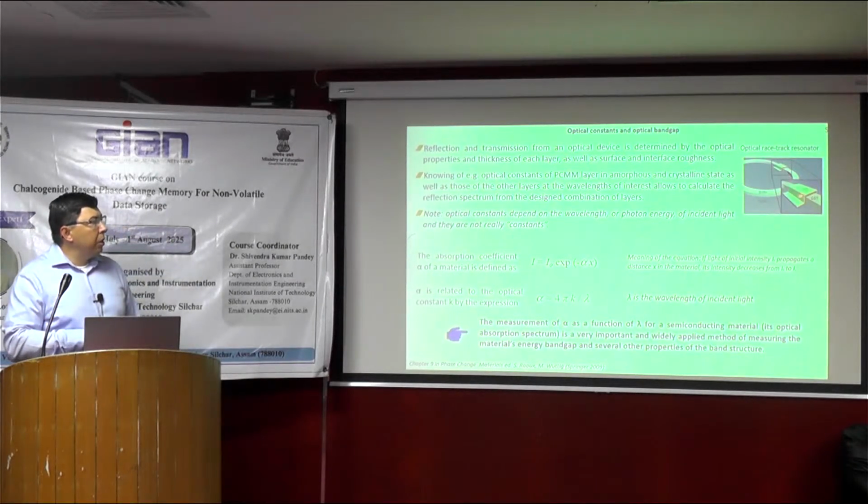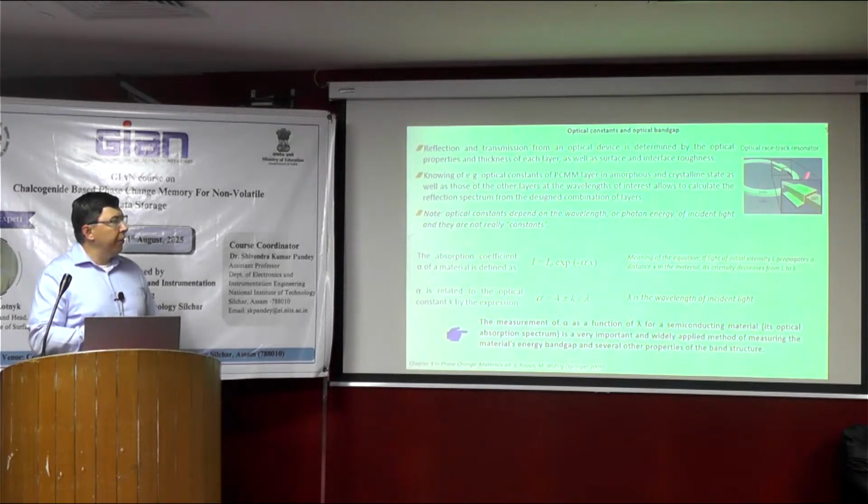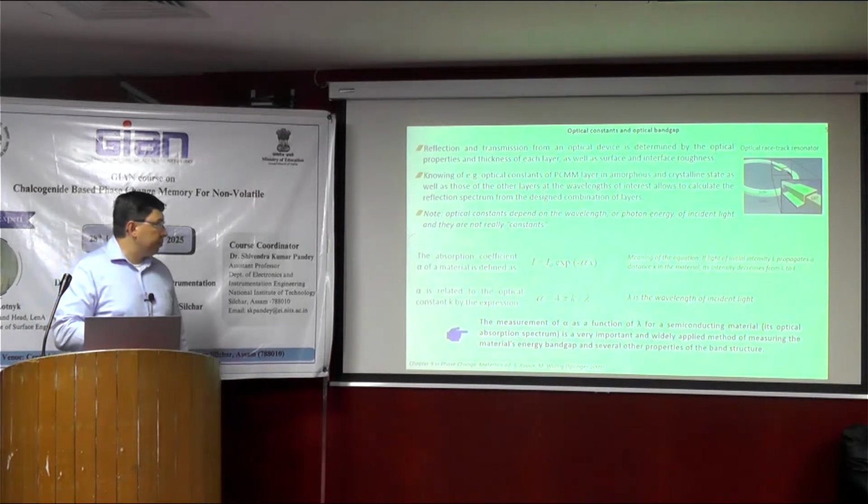The optical properties of this stack system are defined by each layer, so we need to know the optical properties of every layer. And we need to know the properties not only in reflection, but also in transmission mode.